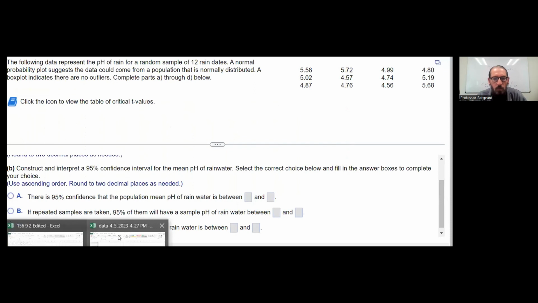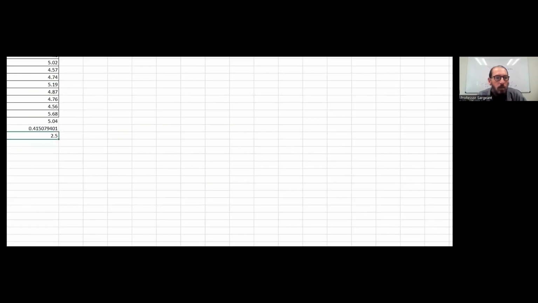So I'm going to get my lower bound by subtracting X bar minus 2.201 for the t-value times the sample standard deviation divided by the square root of the sample size.